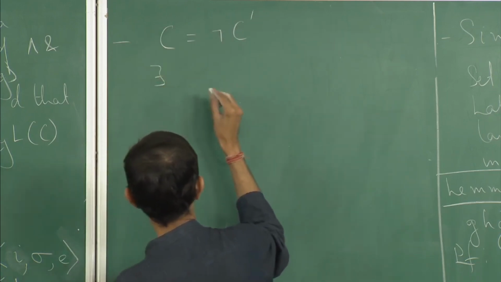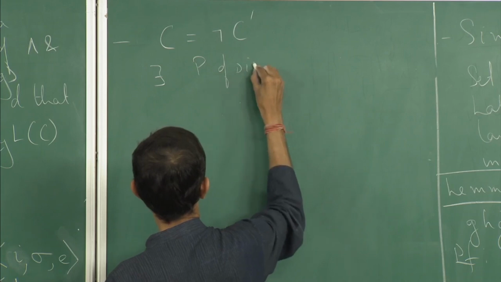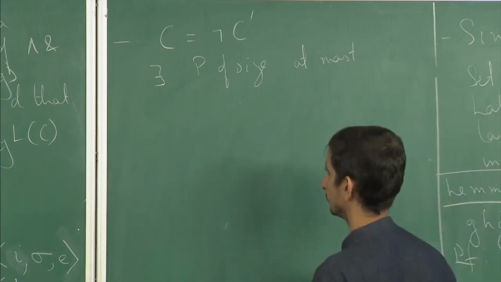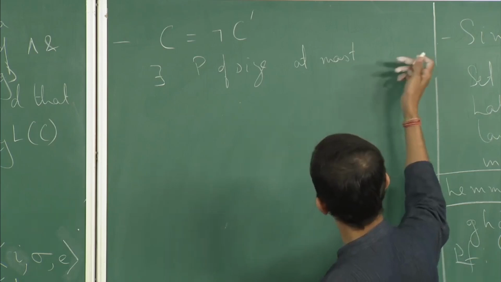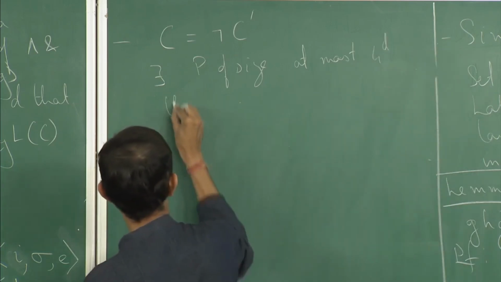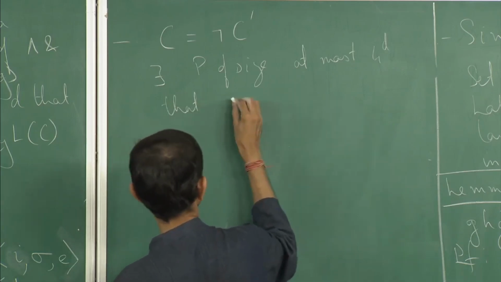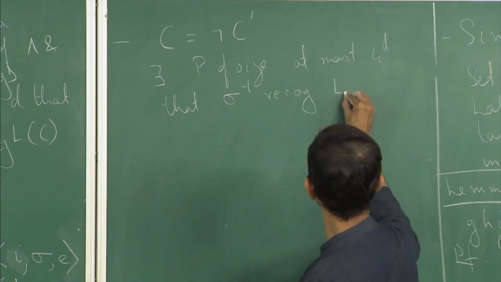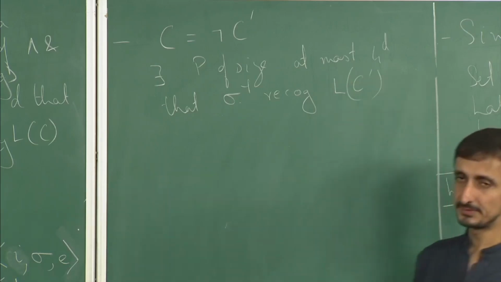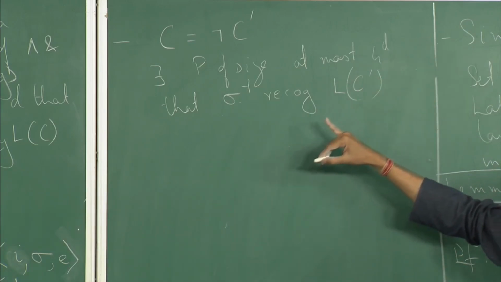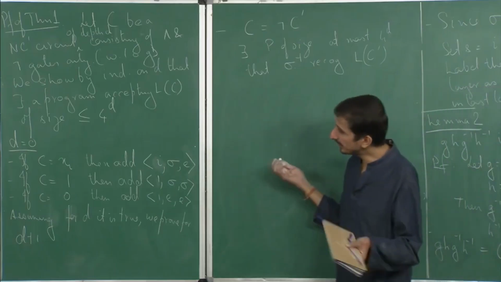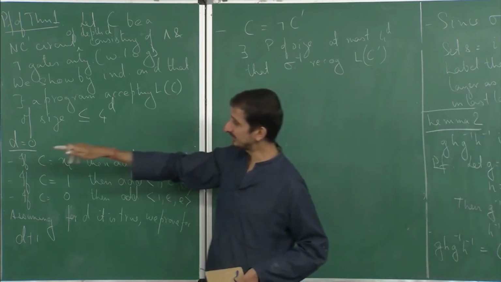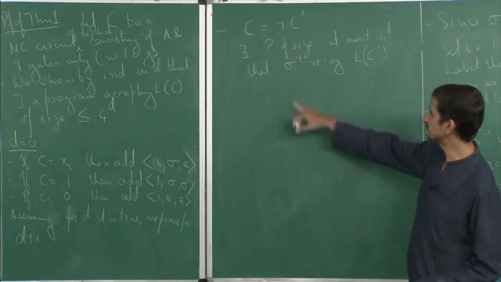So we know that there exists a program P of size at most 4 to the power D that, let us say, sigma inverse recognizes L of C prime, where C prime is a circuit of depth D. Even if I say there is a program which sigma recognizes L of C prime, by applying lemma 3 we get another permutation that would recognize it for some other 5-cycle.